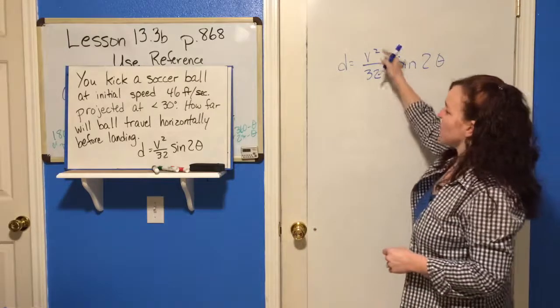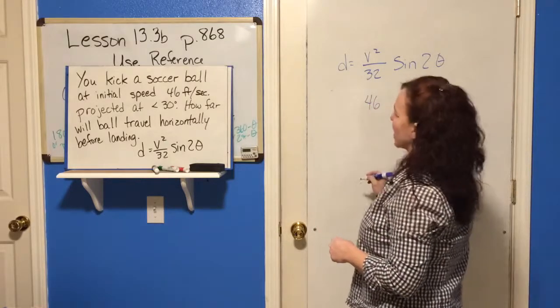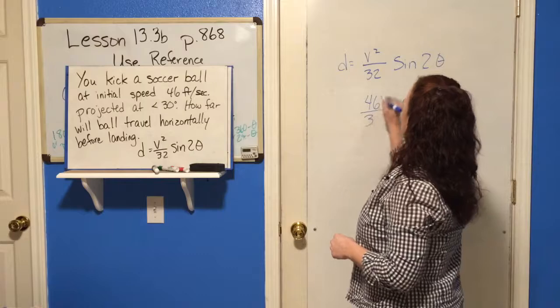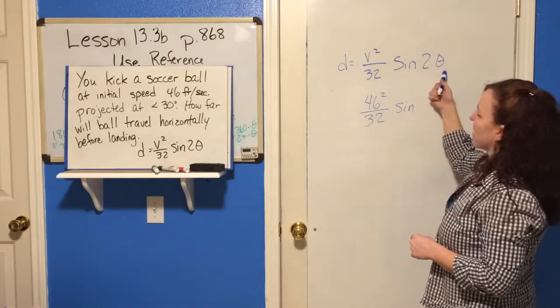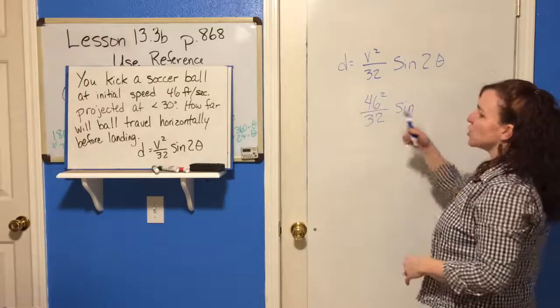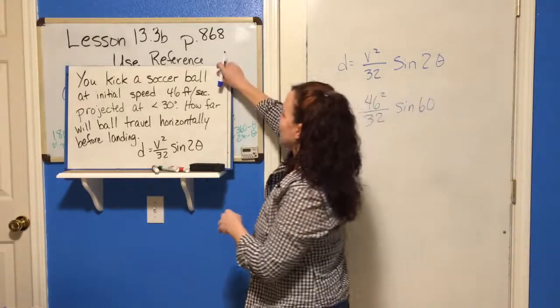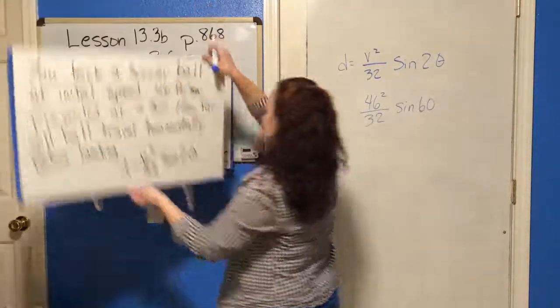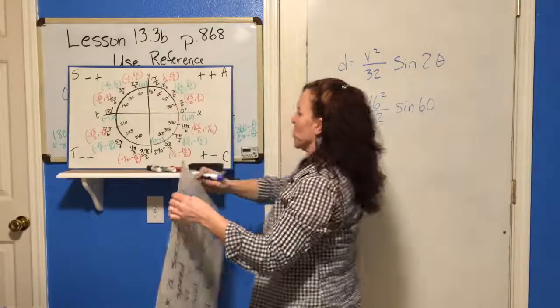Okay, so we're going to take the velocity squared. Well, the velocity, we know the initial speed is 46 feet per second, squared over 32 times the sine of 2 theta. And theta is our 30 degrees. That's the angle that it's projected. So 2 times 30 is 60. The sine at 60 is square root of 3 over 2.